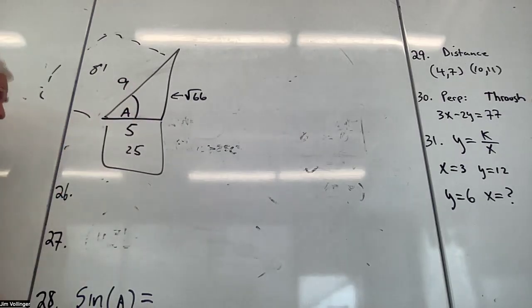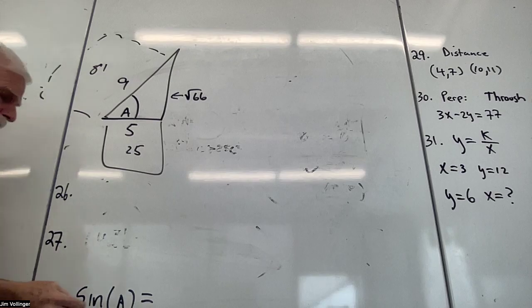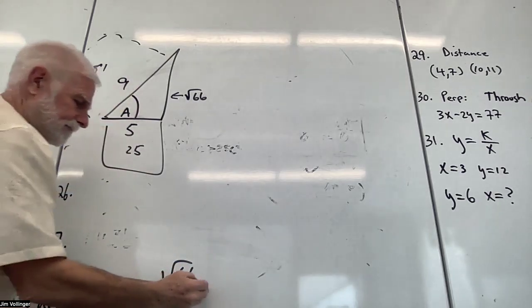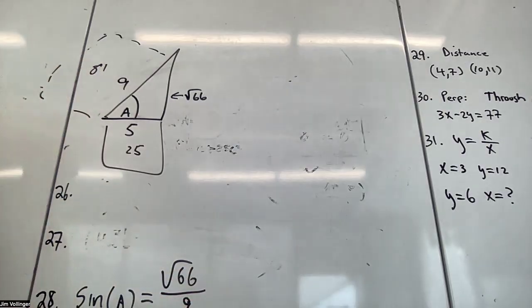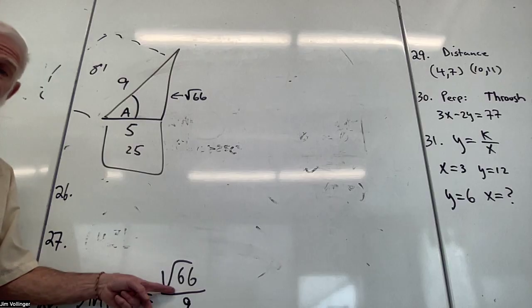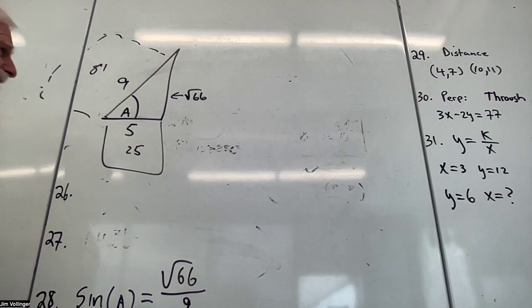Here's angle A. What is my sine of angle A? Root 66, that used to be a television show, divided by 9. What's the closest square root to root 66? I think 64. So that's 8/9. Wow.